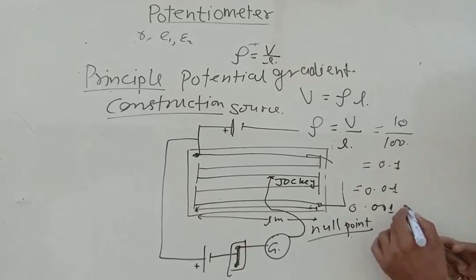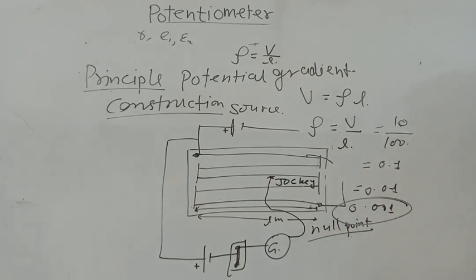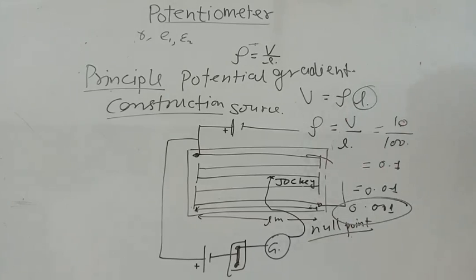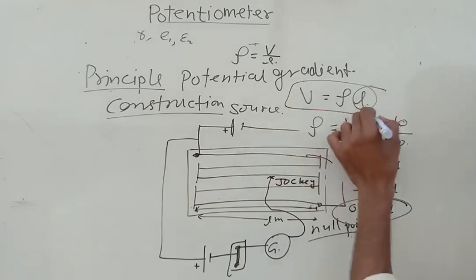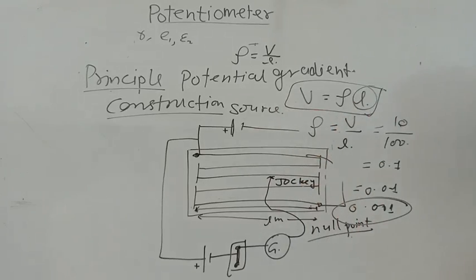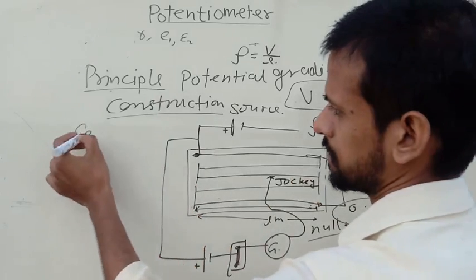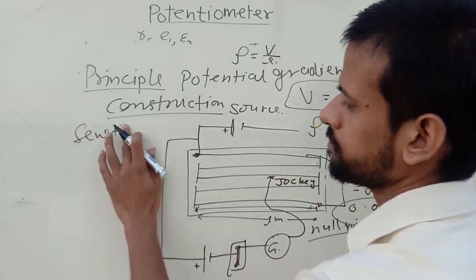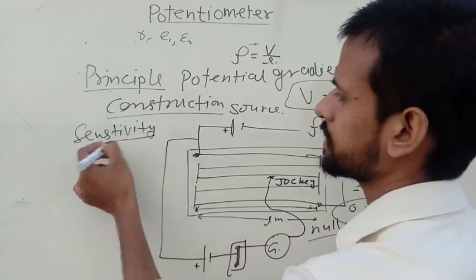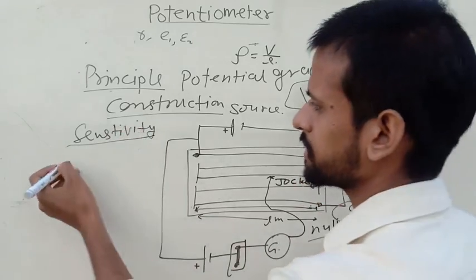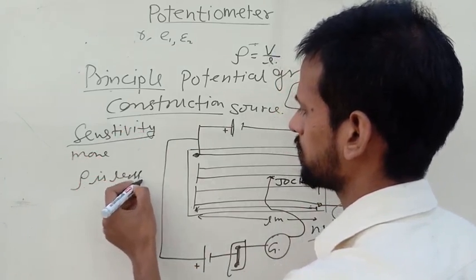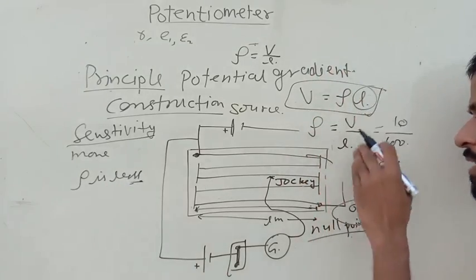What we see is that we get a more accurate value of rho. To get a more accurate value of rho, the length should be more, and if the length is more, our potential difference is more accurate. This is what we call sensitivity: sensitivity is more when rho is less, and rho is less when the length is more.